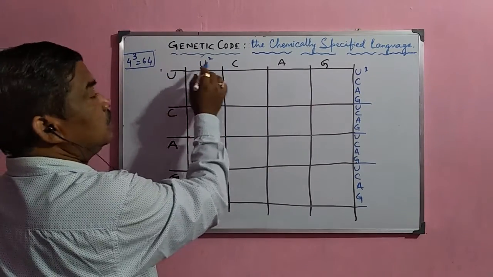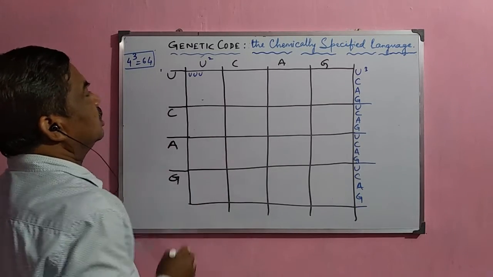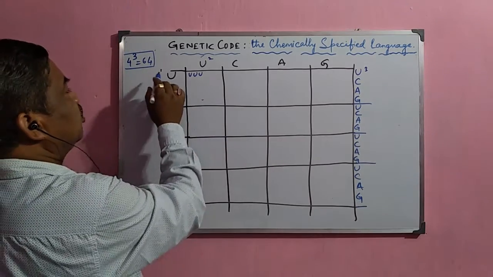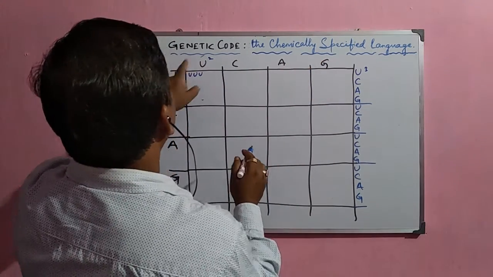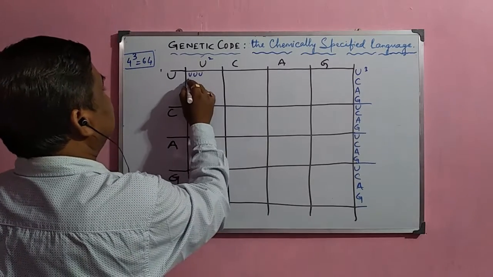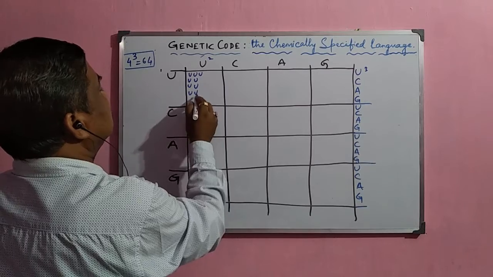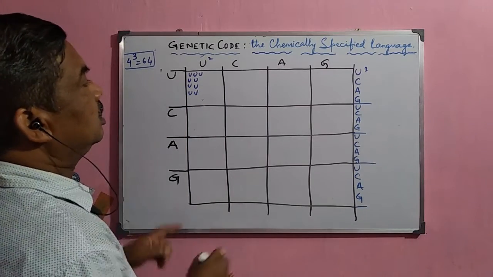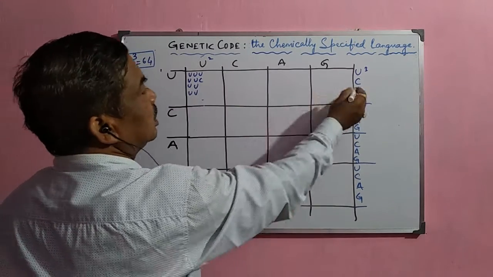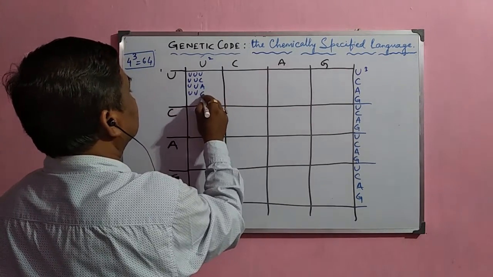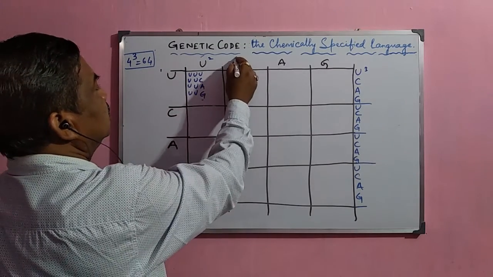Then U and U will be your first code, U. Then, the first and second are constant for this row, that means U and U. So these 4 are constant, but in the first row, the third base is U, second C, third A, and fourth G.